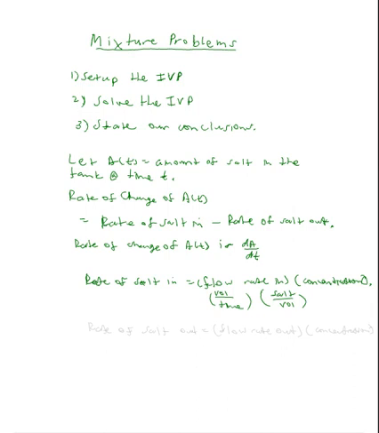And of course, the rate at which the salt is going out must be the flow rate out times the concentration of the fluid that's going out. So that's how we write our differential equation. Now, to see how this really works, it probably would be best to look at a particular example.